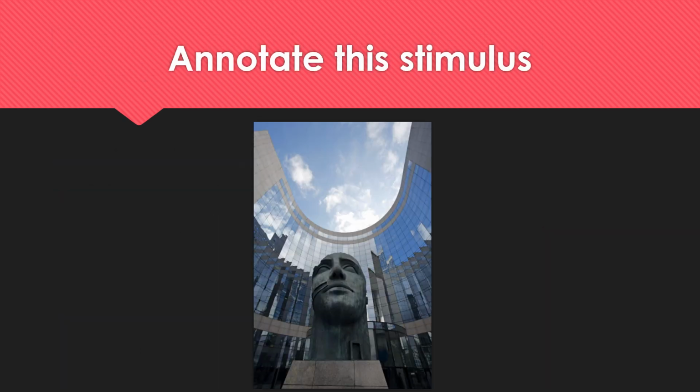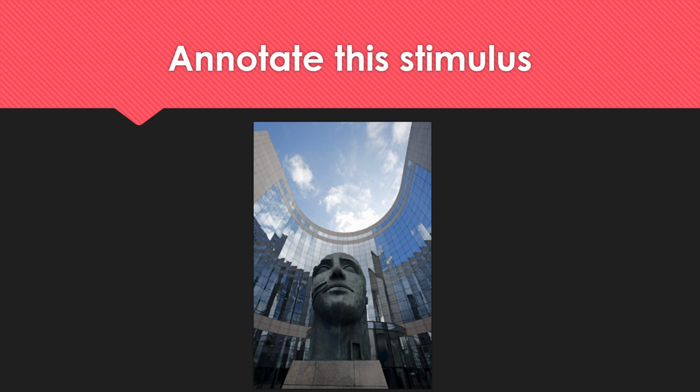Okay, so let's get started. I have chosen this stimulus, which is clearly a picture, and I just want you to have this picture in front of you. In your book you could do a bubble around stimulus 1 and annotate this, or if you wanted to you could print this out. So just have a go at annotating this stimulus.